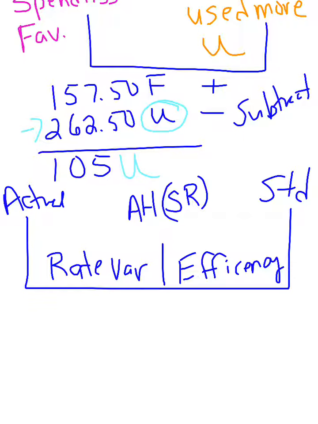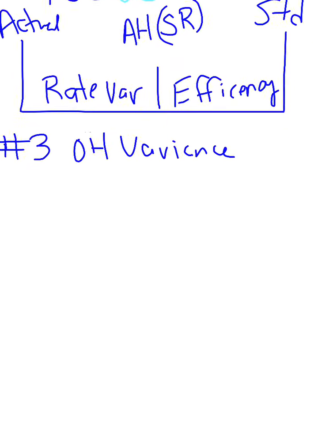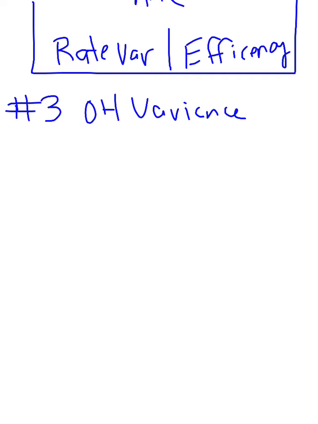The other thing we have here that is done differently is the overhead variances. What we see with the overhead variances is that we have amounts that are controllable in nature, and then we have amounts that deal with quantity, and so we really can't do anything with those items.